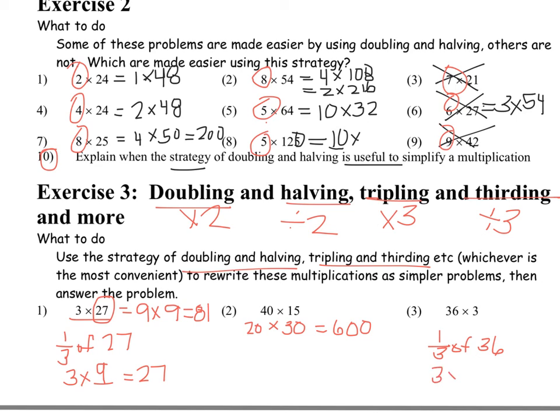I think 3 times something equals 36. That's going to be 12. So here 1/3 of 36 is 12. 3 tripled is 9. 9 times 12, I know my 12 facts. That is 108. There we go. So we can see how doubling and halving helps us to multiply.